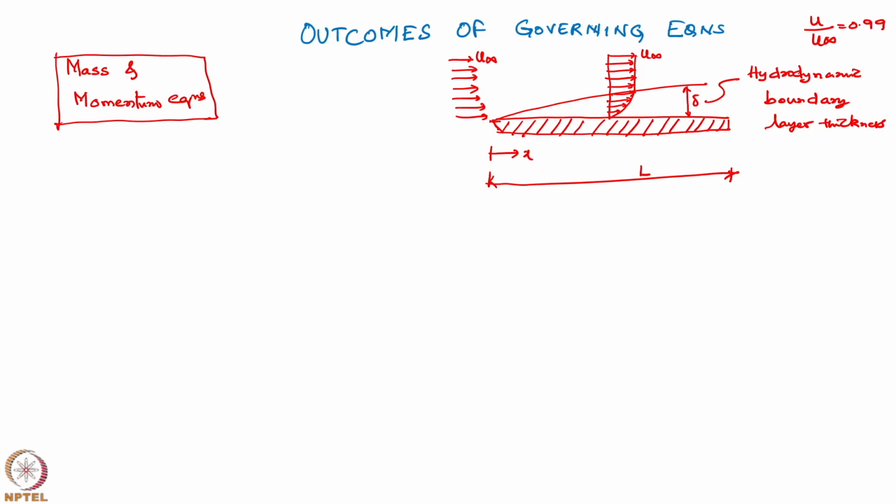Okay. So, if I take this kind of situation and solve the mass and momentum equations for u, v, w and p, I get the velocity distribution and the pressure distribution. Using these, I can find delta, that is the boundary layer thickness, and Cfx, that is the skin friction coefficient.